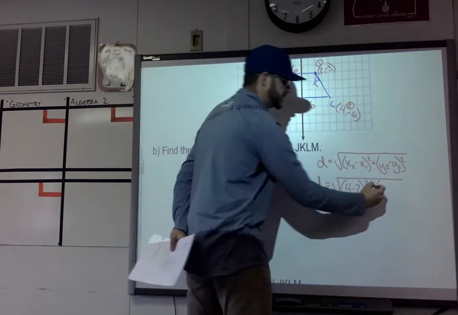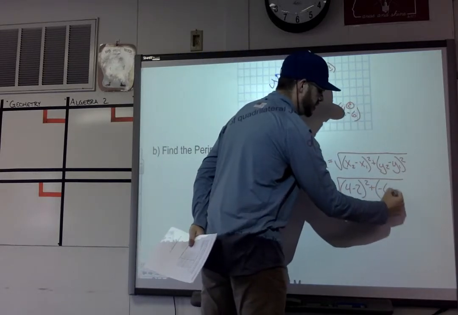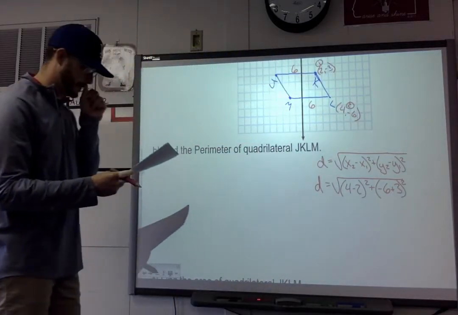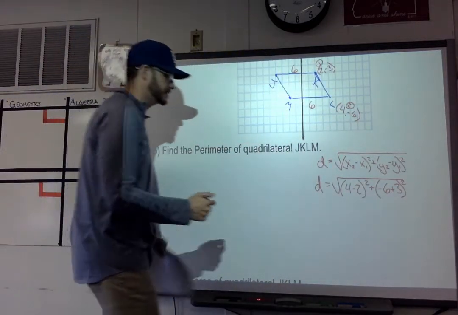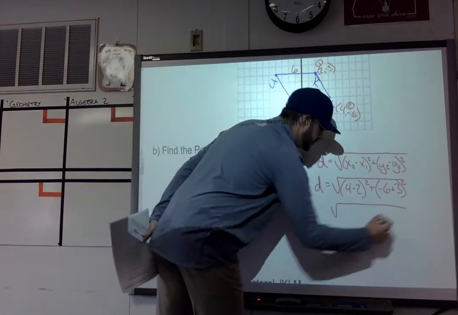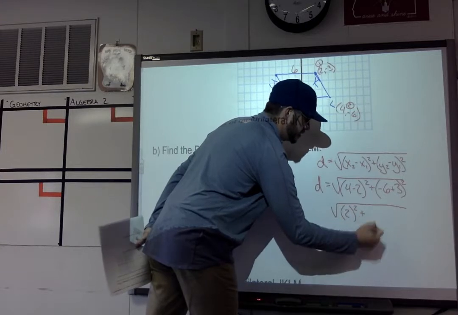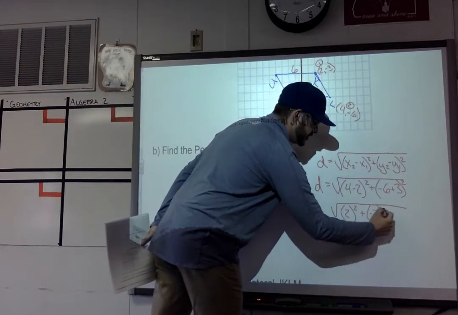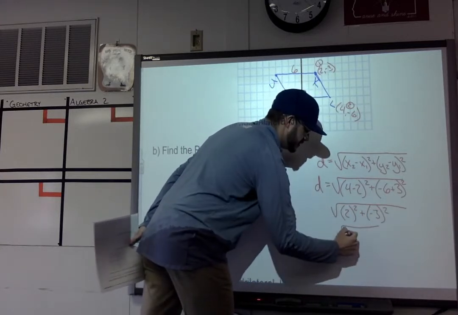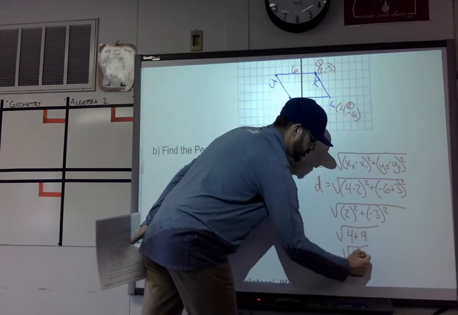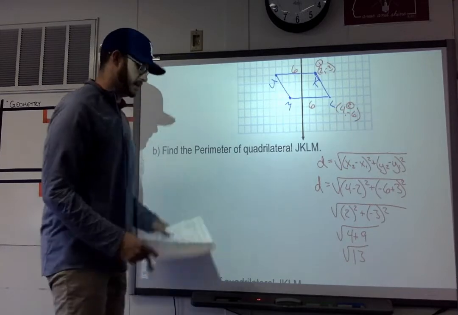Remember, if we subtract a negative, it turns to addition. So -6 plus 3 squared. So now we're going to continue simplifying. We've got the square root of 2 squared plus -3 squared, which gives us the square root of 4 plus 9, or the square root of 13.